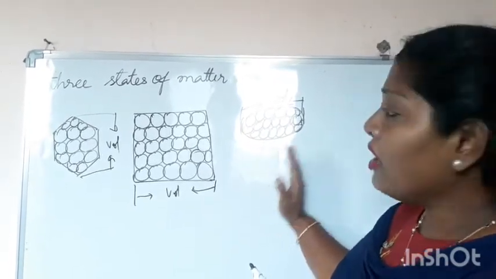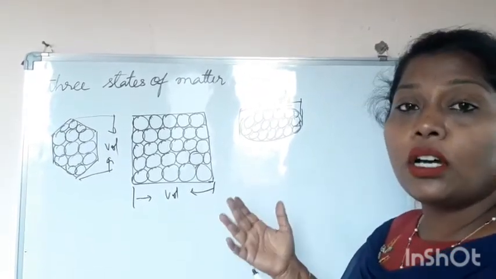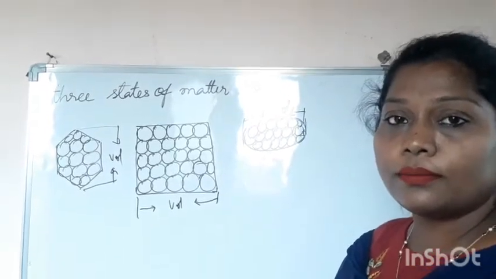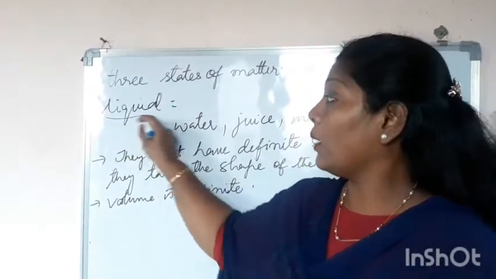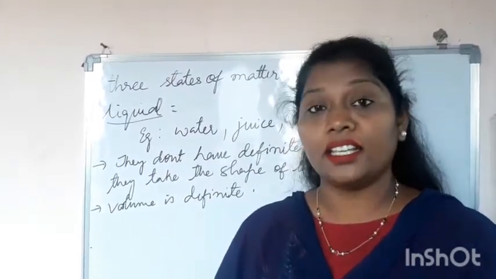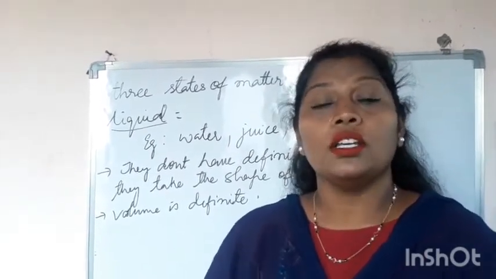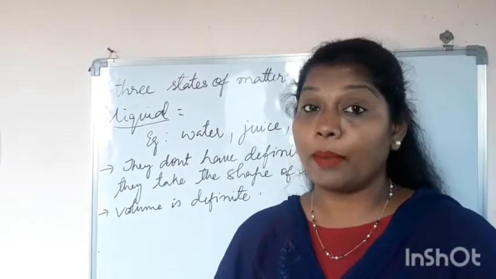Okay children, first let us discuss the three things so that I give you easily understandable examples. Okay children, now let us talk about liquid. Liquid. What is it, children? Whenever we are talking about liquids, let us discuss the examples first.